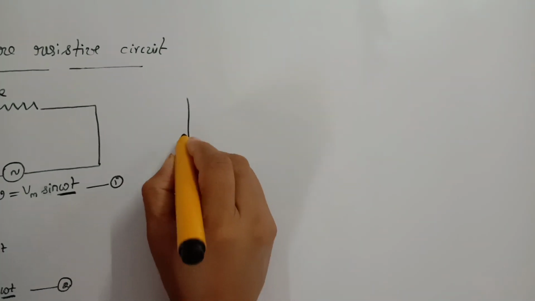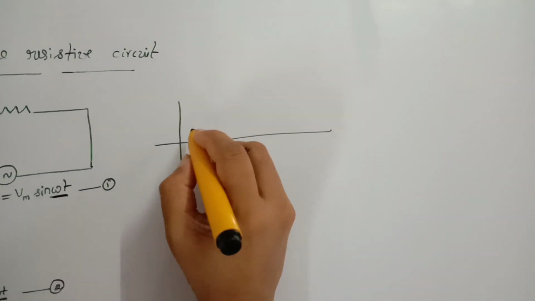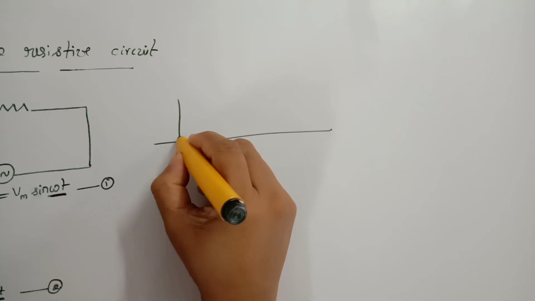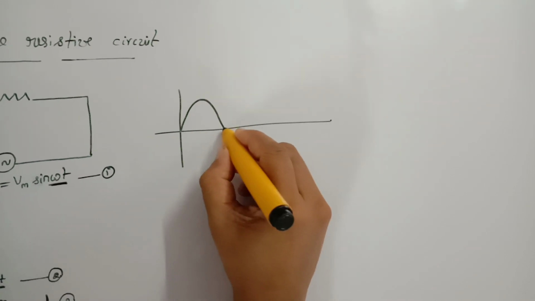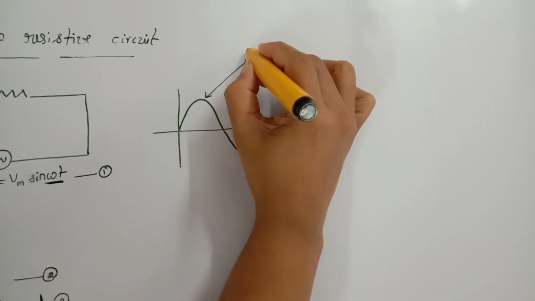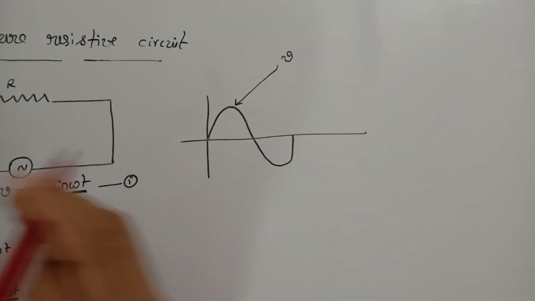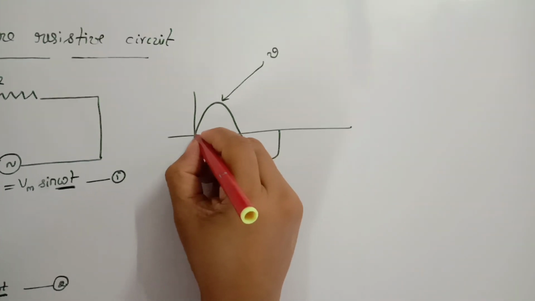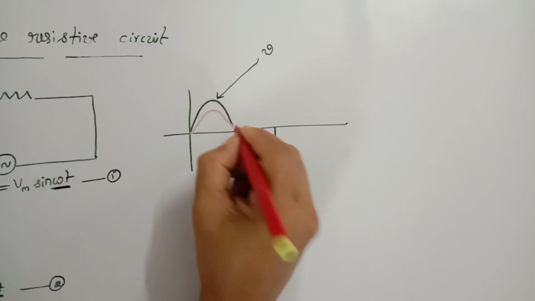Now we'll draw the waveform for current, voltage and power. So this we will take as voltage waveform. Now current waveform is in phase with voltage.